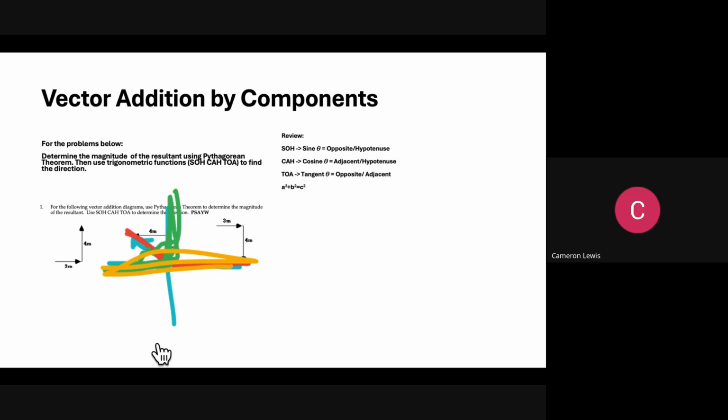What's 180 minus 37? 143. So now 143. You got the same answer because you did it 2 ways, right? You did 180 minus the inside angle, which would be 37, or you just added 90 onto what we already know was 53.